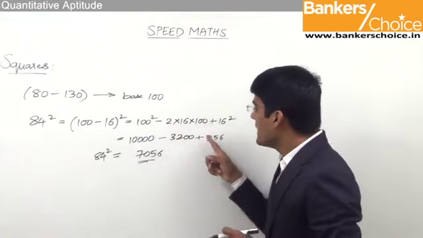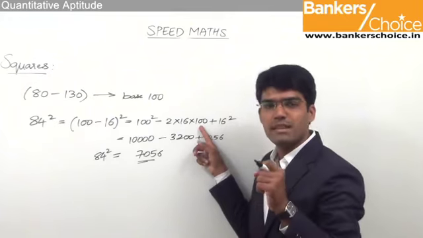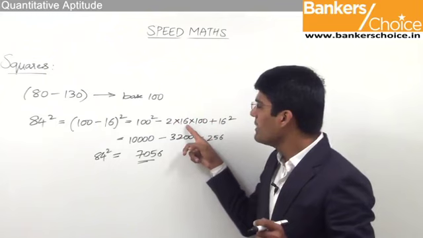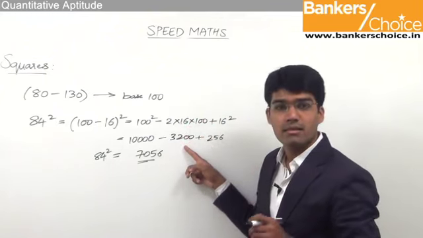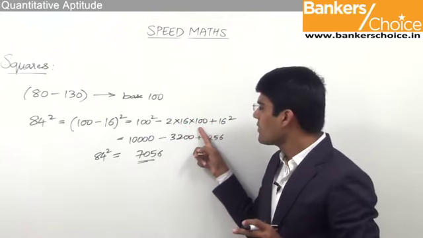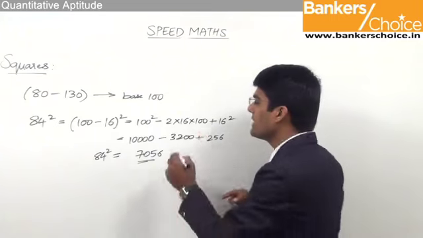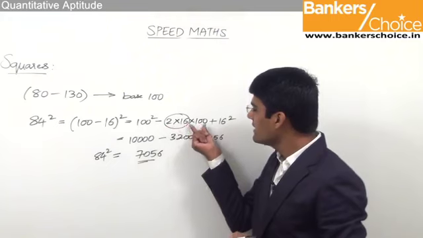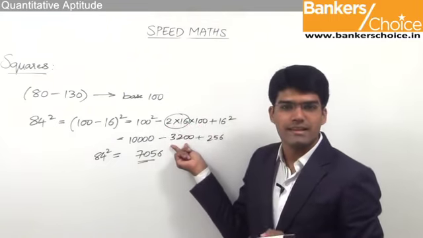Now if the base is 50, 2 into 50 gives us 100. So that is the reason b into 100 is directly taken in the answer. But here we already have got one of the terms as 100. And if you look at the remaining part, it is 2 into 16, 32. So that is the reason 32 into 100, 3200 is taken here.